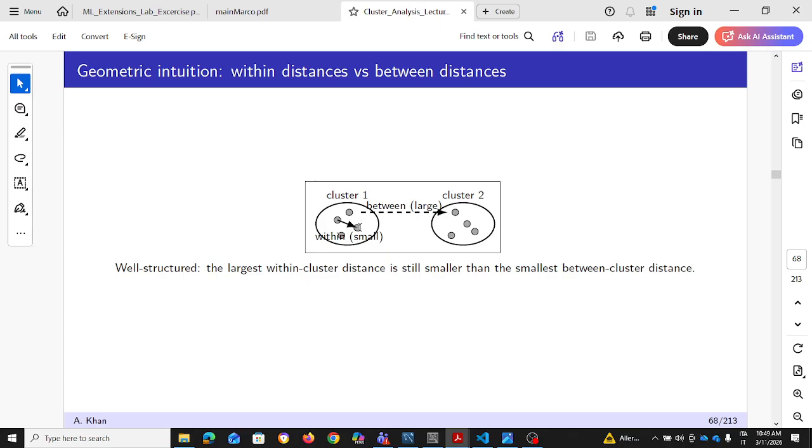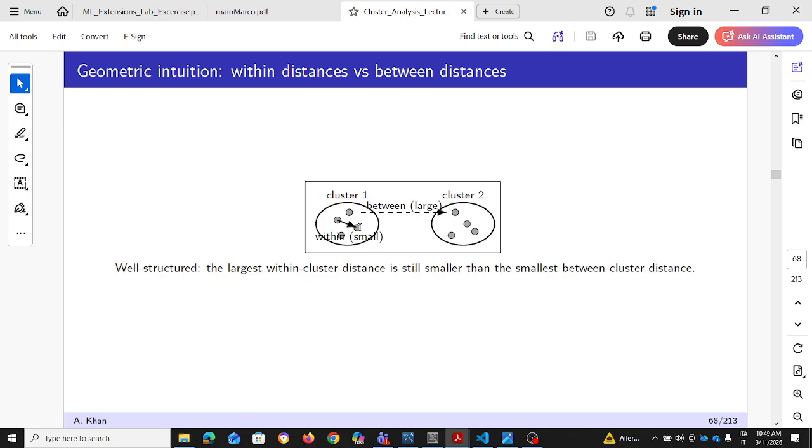So, say we have one cluster here, and then we have another cluster here. Let's say this is the centroid, the mean point of the cluster. And if you want to know the furthest point inside this cluster, for example, between these two, this is the maximum distance from the centroid to any point.